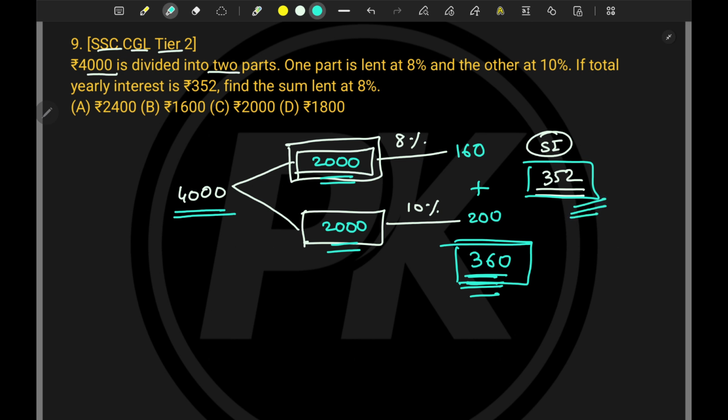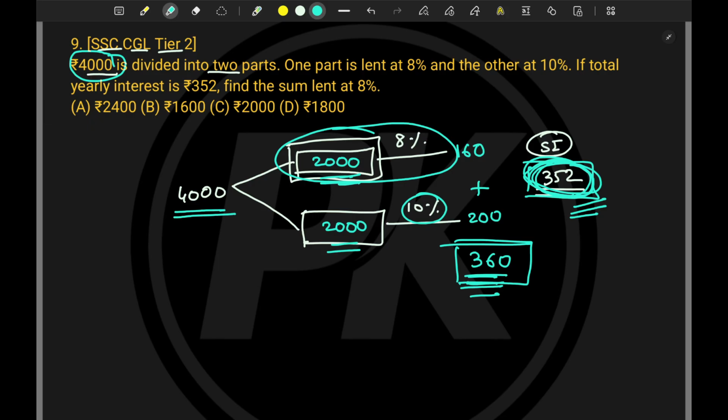That means the amount lent at 8% must be more than 2,000 rupees, because the interest rate there is less, and that's why the final simple interest we are getting is less. So this amount lent at 8% must be more than 2,000 rupees.